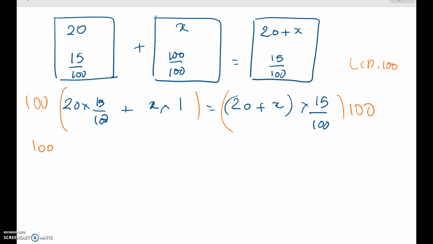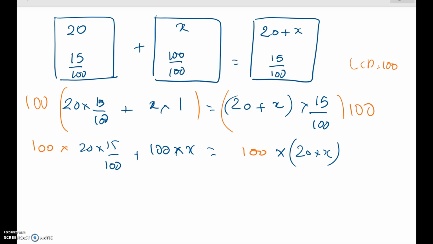Therefore, you end up to have 100 multiplied by 20 multiplied by 15 divided by 100 plus 100 multiplied by X multiplied by 1 equal 100 multiplied by 20 plus X multiplied by 15 over 100.